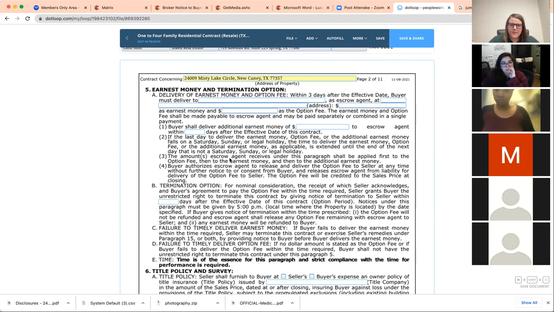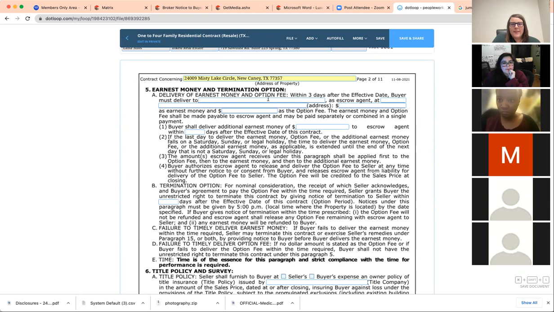In the rest of the contract, it's kind of like, well, if you don't meet these days, then it automatically extends, and there's all this lingo involved. But with the earnest money and option, it is a matter of fact. If you don't do it, it will either end the contract or you will just lose your rights. So this is very important.